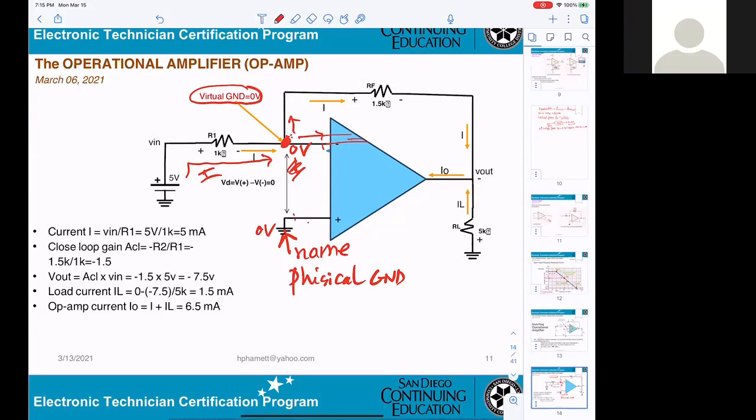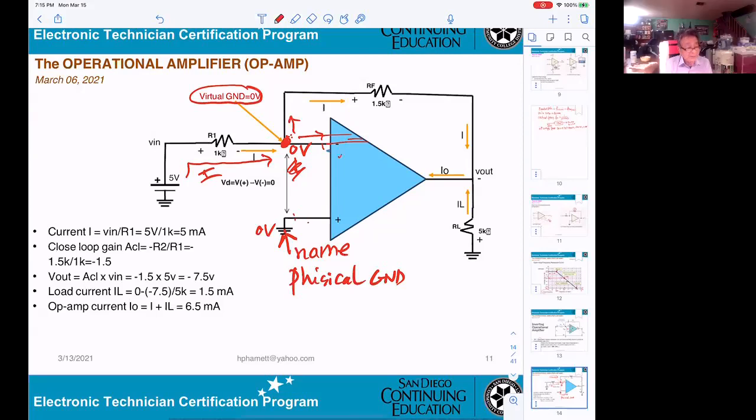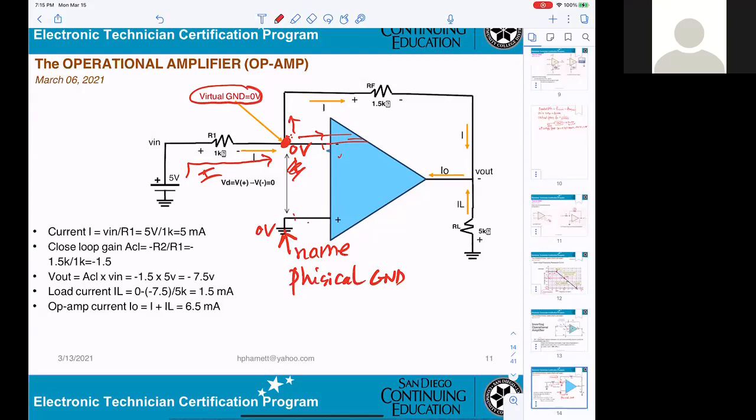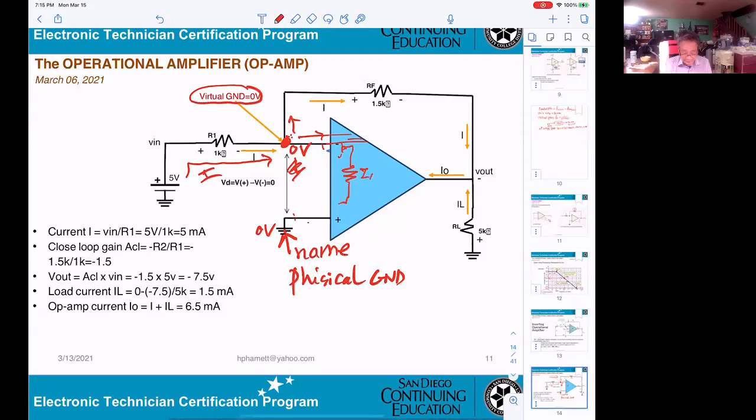No voltage, no current. Now, high input impedance. The input impedance of the ideal op amp is infinity. It's too high, so the current cannot go here. So it will go up here. When it comes up here, positive here and negative here, then it goes this way.